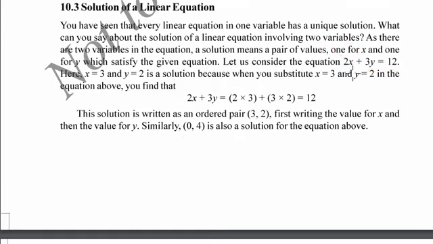So here the value of the x variable is equal to 0. So 2 times 0 is equal to 0 plus 3 times y. The value of y is 4. 3 times 4 is 12. LHS is equal to RHS. Even this is one of the solutions.